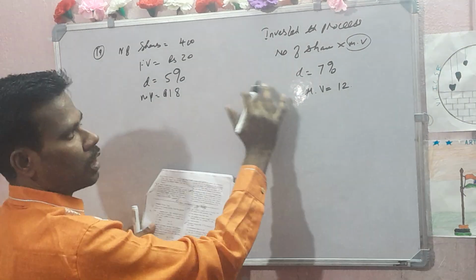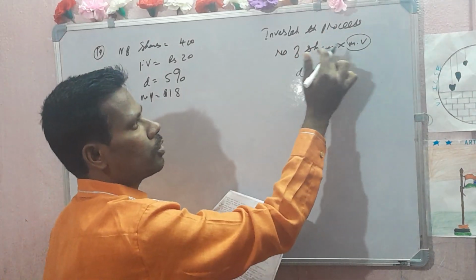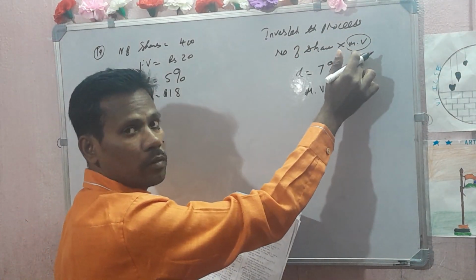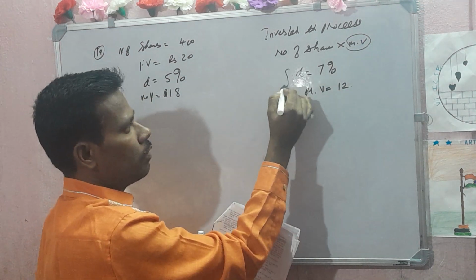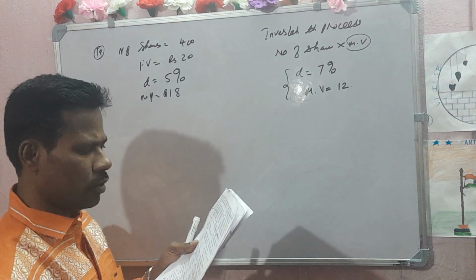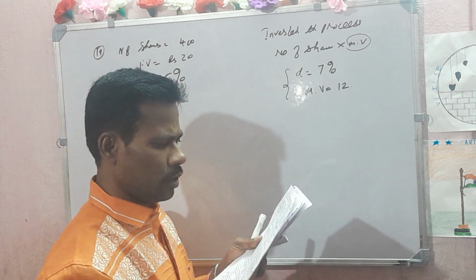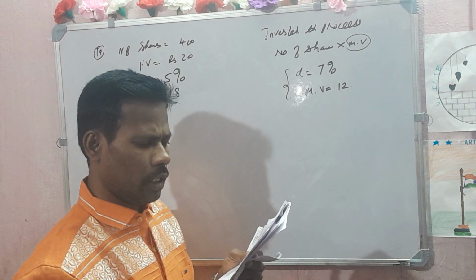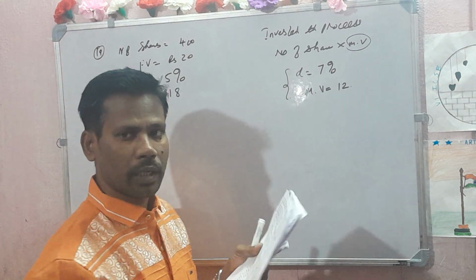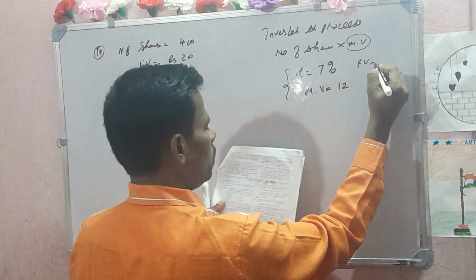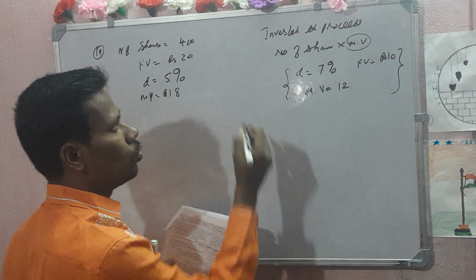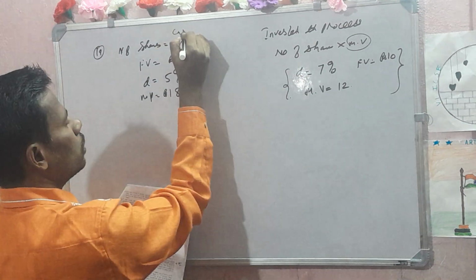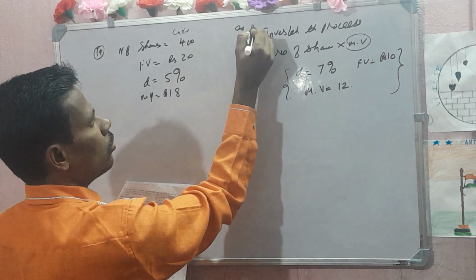These are the given conditions, and face value is also given. And invested the proceeds in rupees 10 shares of another company. Here face value is again rupees 10. So this is case 2. So there are two cases, case 1 and case 2.